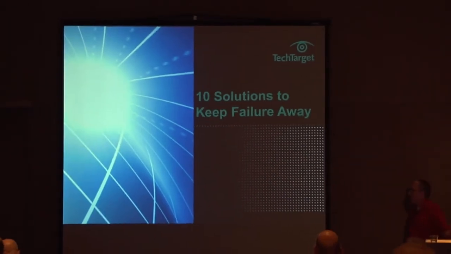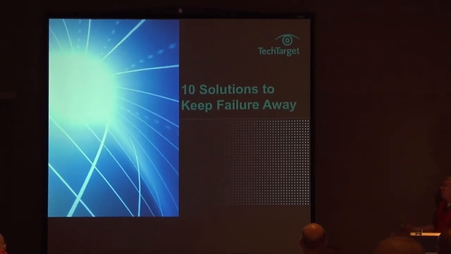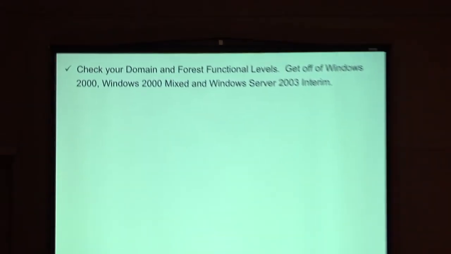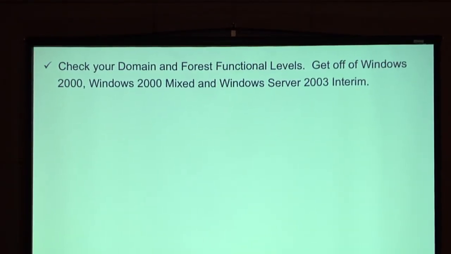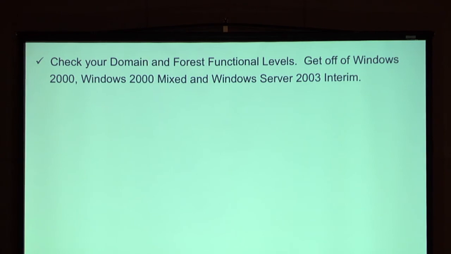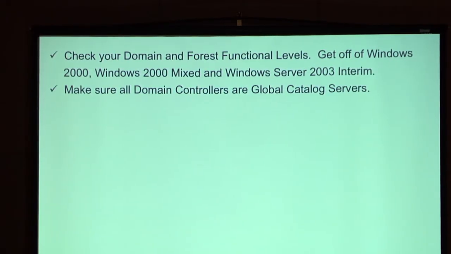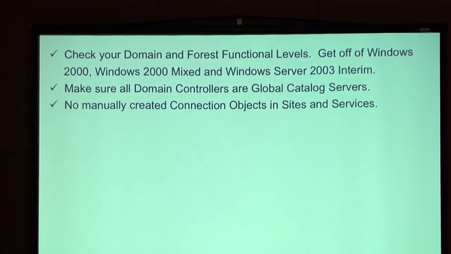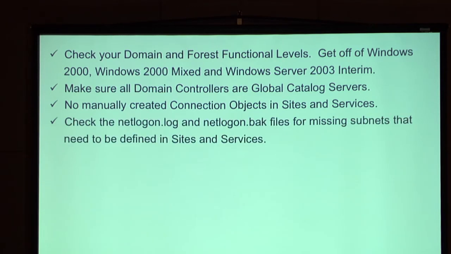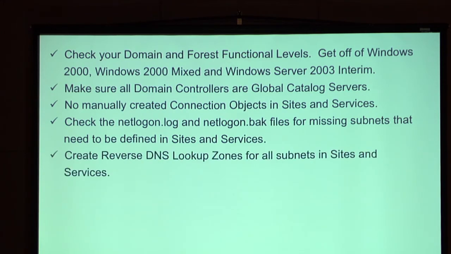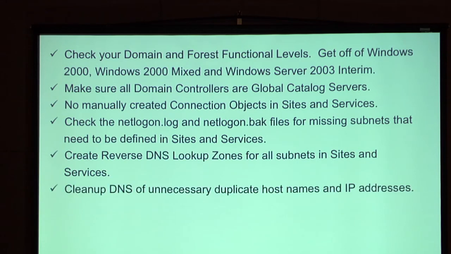So we've covered 10 solutions to keep failure away from your virtualization efforts. We're going to check your domain and forest functional levels. You're going to get off of the defaults. You're going to make sure all domain controllers are global catalog servers, that we have no manually created connection objects. We're going to check the netlogon.log and netlogon.bak files for our missing subnets. We're going to create our reverse DNS lookup zones.